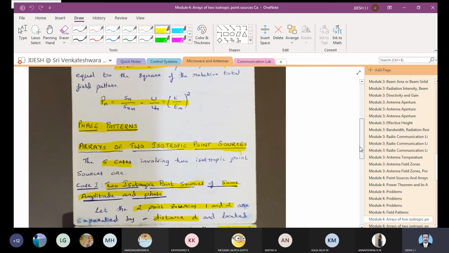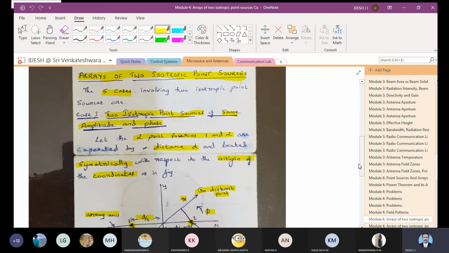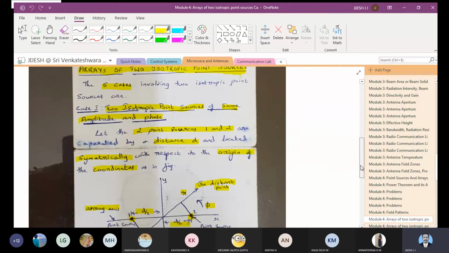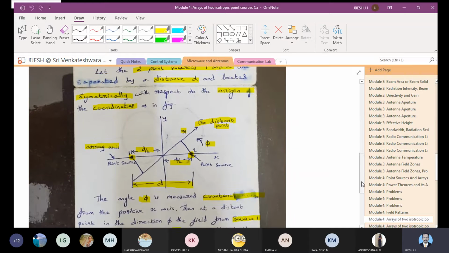And so first let me take the two isotropic point sources of same amplitude and phase. So you need to understand that when it is same amplitude and phase, and you are considering here 2 point sources. So let me take point source 1 and point source 2, and they are separated by a distance of d. So the d is the distance between the sources 1 and 2, and if you consider from the center, you can say that they are separated by a distance of d by 2.